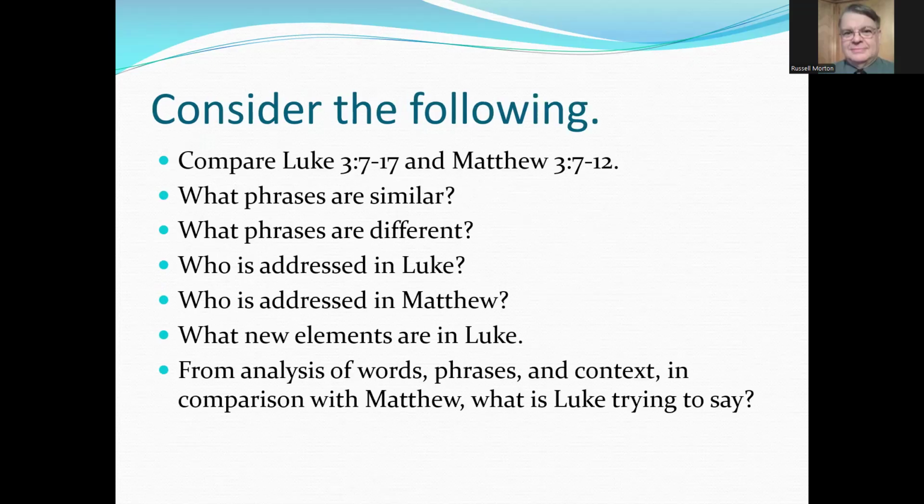So compare the following, as we conclude our discussion. We've discussed Luke's description of the ministry of John the Baptist. Compare then Luke 3:7 and 17 with Matthew 3:7 to 12. What phrases are similar? What are different?